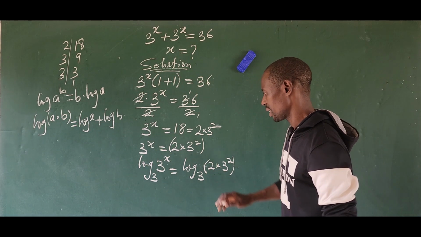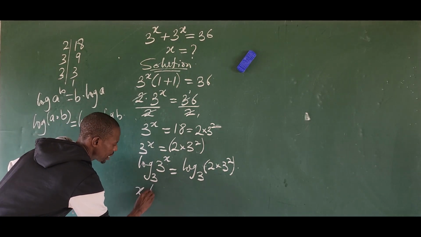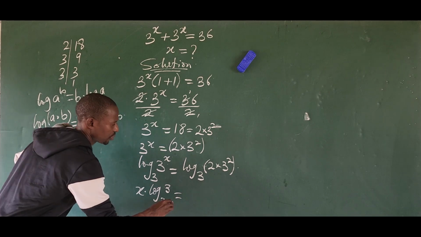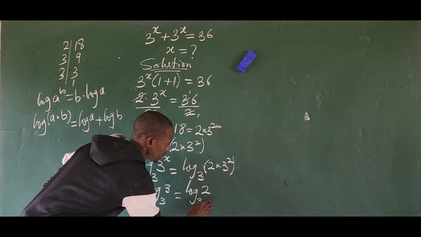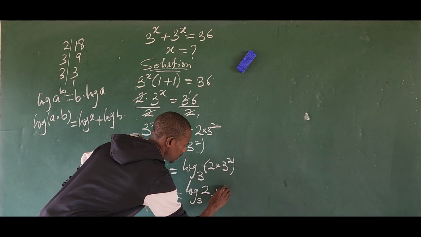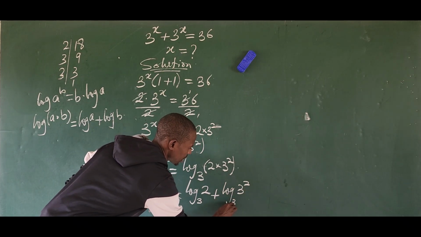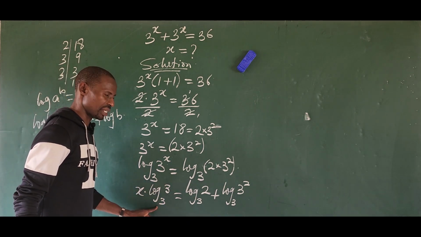So we can apply it here, and this expression is going to give us x times log of 3 base 3 equal to log of 2 base 3, plus log of 3 to the power of 2 base 3.